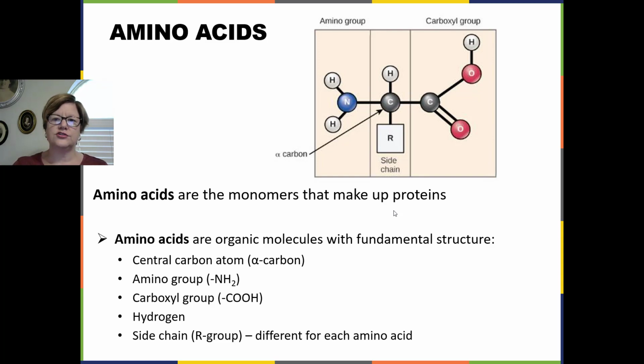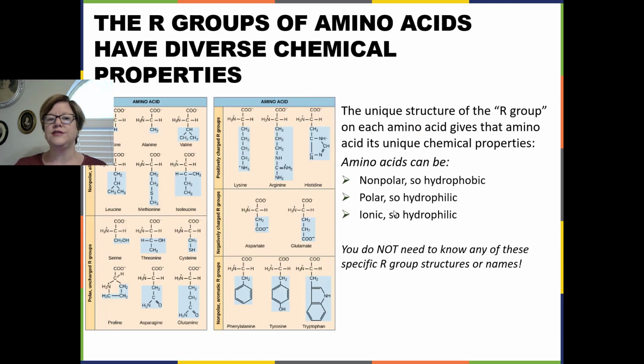But the rest of the structure is consistent from one amino acid to the next. What varies is what the R group is. When you take biochemistry, you'll have to memorize the R groups. It's really boring, and it just takes a lot of brain space. But you don't need to memorize them now, okay?